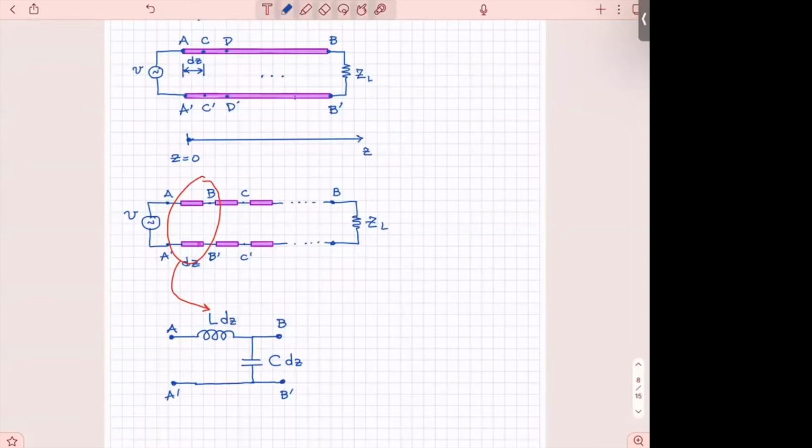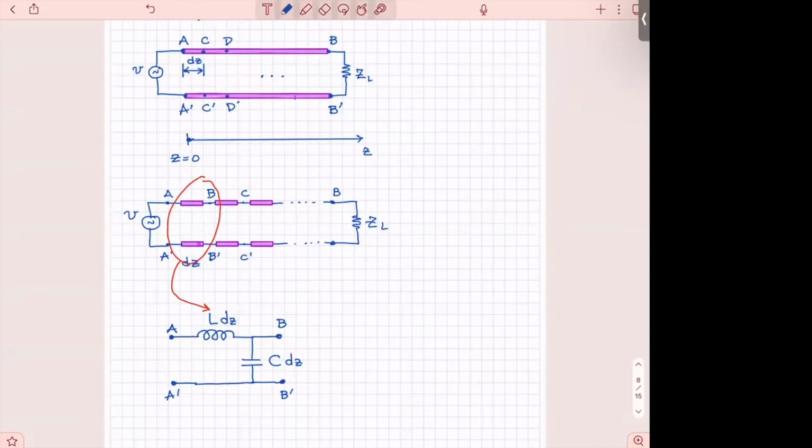And Kirchhoff's laws do not apply here the way they apply here. If you know the voltage here and I want to find the voltage here, how are you going to find it? There's no way of applying any of those laws unless we transform this into a circuit form.